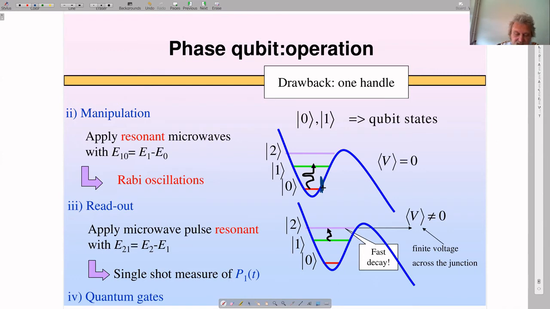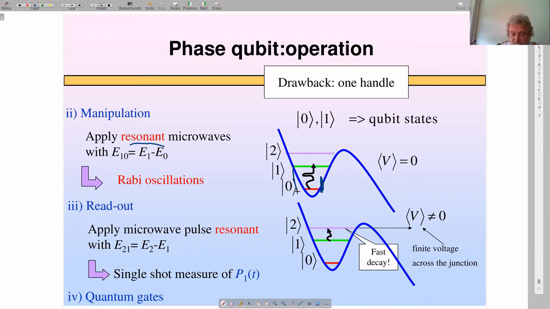That could provide resonant drive. If we do it at the resonant frequency corresponding to the difference between these 2 levels, you're in business, you can provide coherent coupling between these 2 states, 0 and 1.